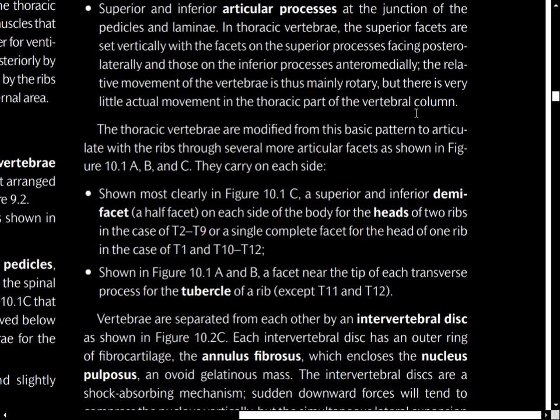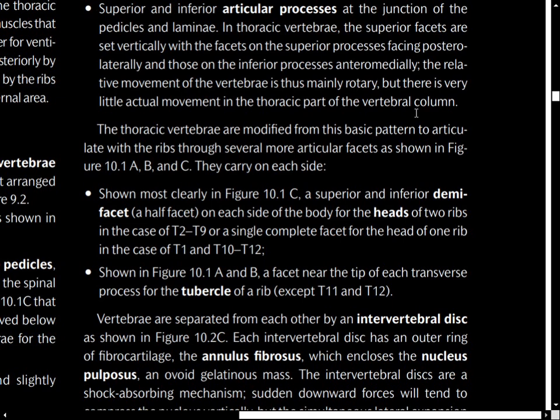They carry on each side a superior and inferior demi-facet, or half facet, on each side of the body for the heads of two ribs in the case of T2 to T9, or a single complete facet for the head of one rib in the case of T1, 10, and 12.